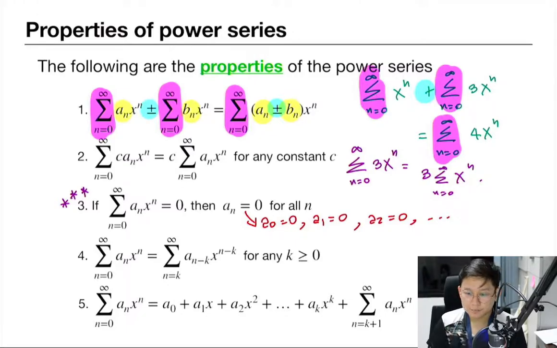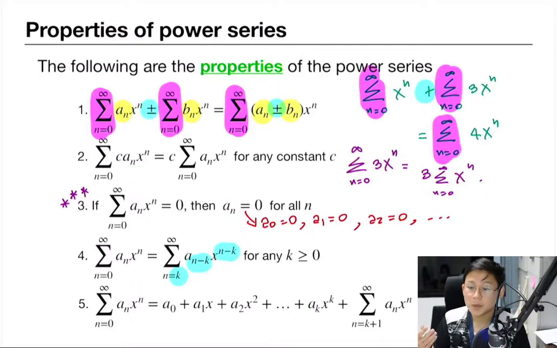Fourth, if you take the summation from 0 to infinity, an x to the n, you can shift the index from n equals k to infinity, and then you need to shift this to n minus k.